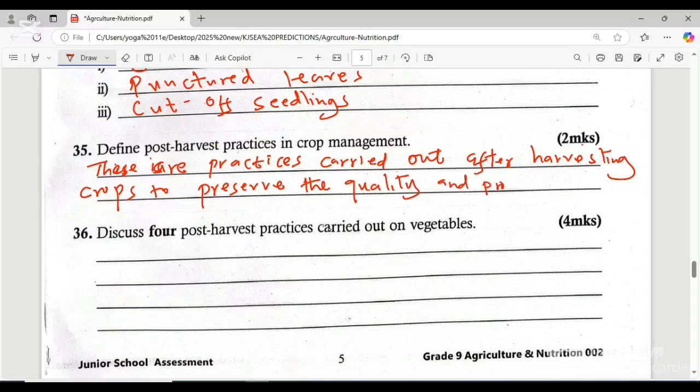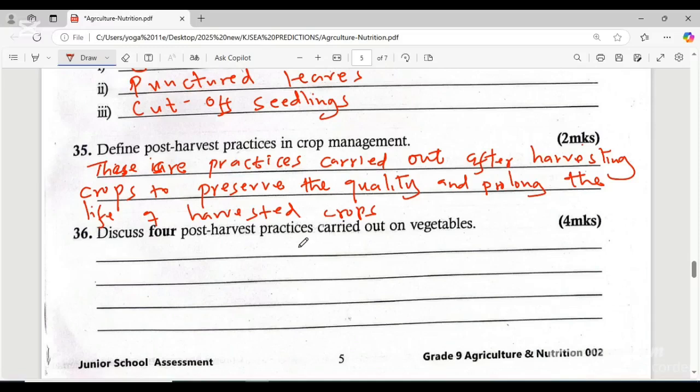One of the post-harvest practices is drying. An example is drying.